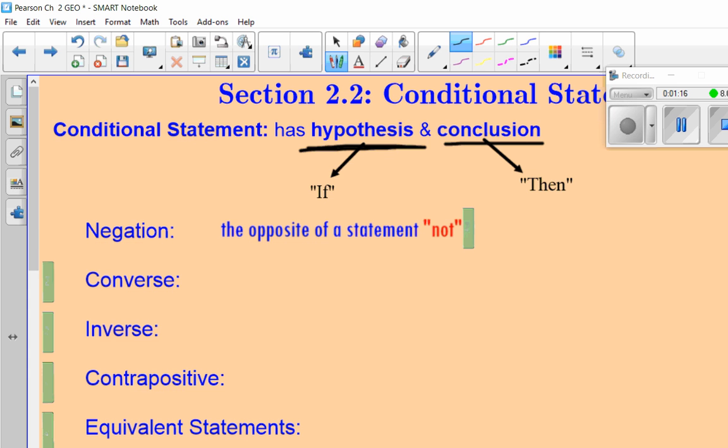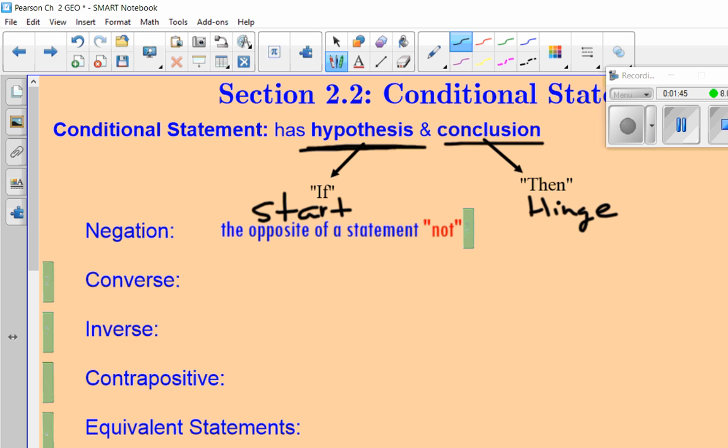Okay, so a conditional statement is going to start with the word if, and then it's going to hinge, or in the middle of our statement, I'm going to have the word then. Okay, so it's a little hinge, like your elbow is a hinge. The if part is going to be your hand, and the hinge is your elbow, and in between each of those, you're going to have some other words to make a statement.